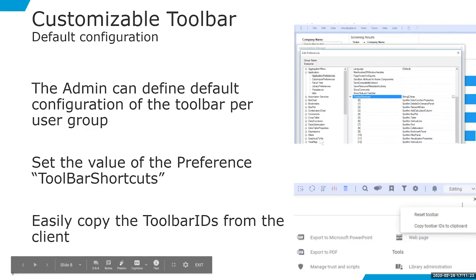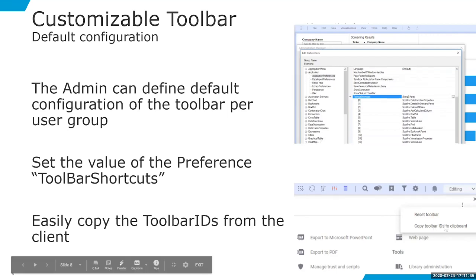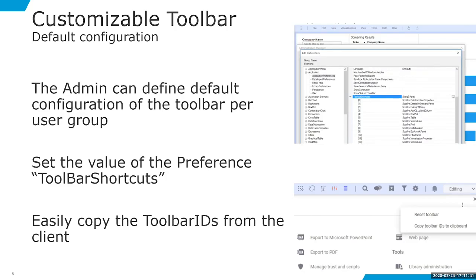So for the admin to conveniently set these defaults, he would actually just configure the toolbar himself, and then right-click to select copy toolbar IDs to clipboard and paste that into the preference for the toolbar shortcuts, or the preference called toolbar shortcuts.